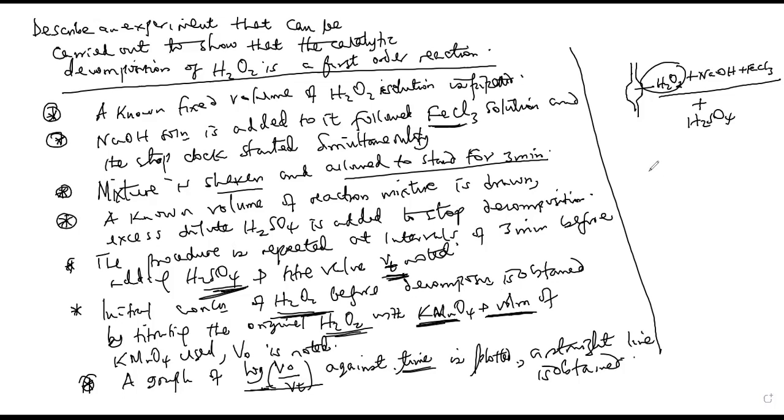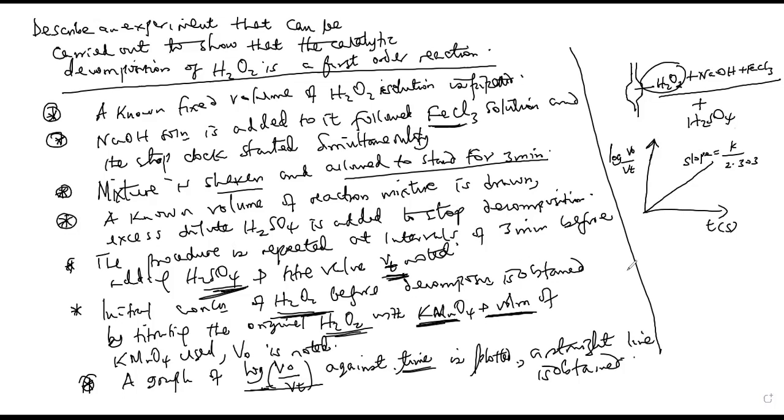From the previous graphs we've seen, you can produce different graphs. So this is log V naught over Vt, and this is t. Time is in seconds, logarithm has no units. The slope is equal to k over 2.303, so you can easily determine the rate constant and get other variables required.